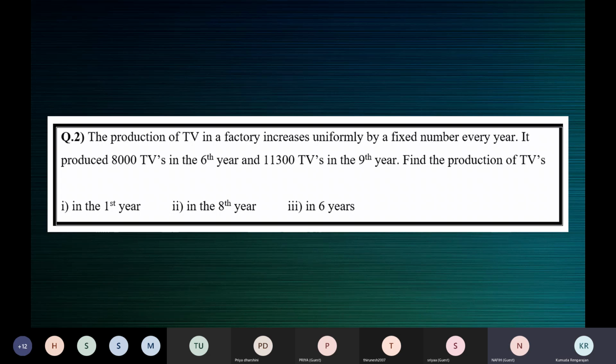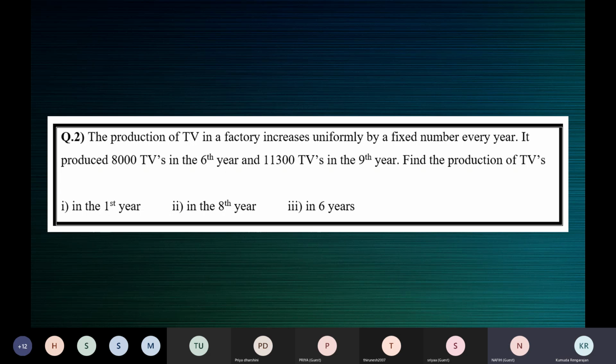The production of TV in a factory increases uniformly by a fixed number every year. Every year, it increases by a fixed number. So supposing this year 100 televisions, and every year it increases by 10.